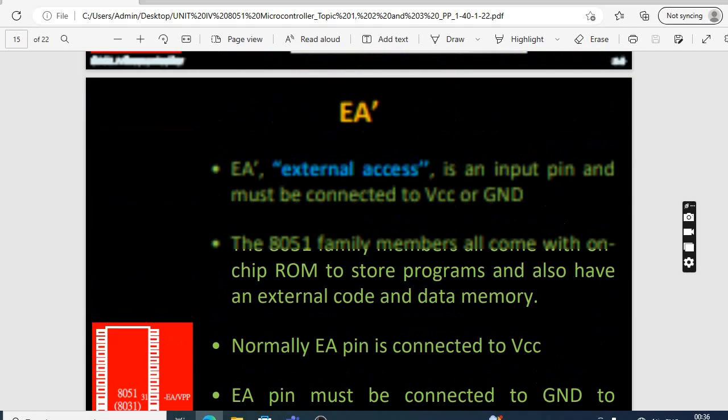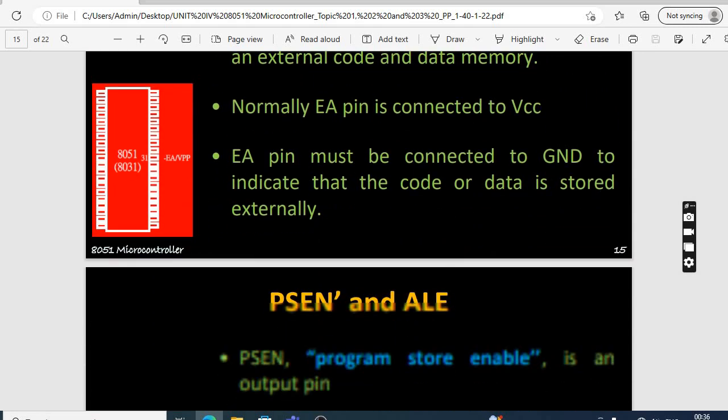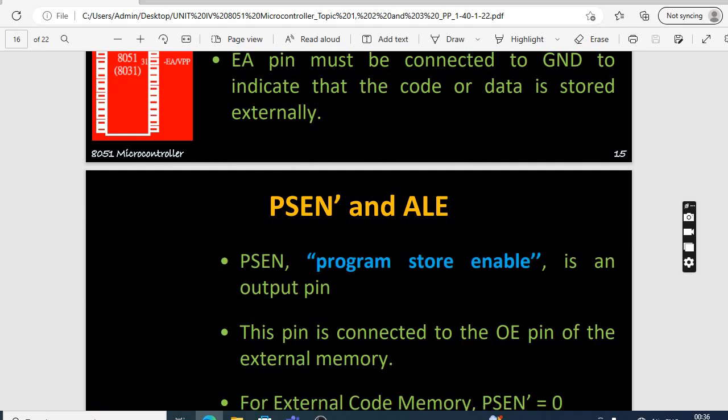We have the enable pin EA, the external access, which is exclusively meant for connecting external memory. This is an active low pin, so whenever we need to connect, it must be kept active low. PSEN as well as ALE are both active low.